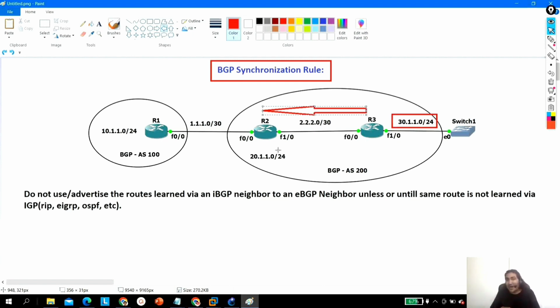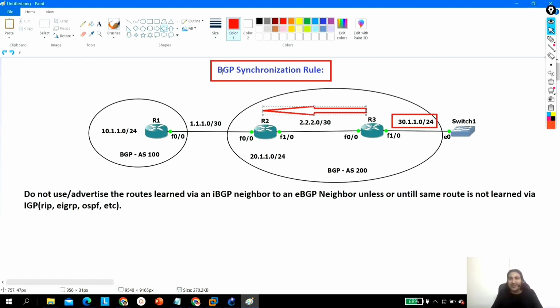If R2 is not receiving the same prefix from an IGP, meaning not through RIP, EIGRP, OSPF or any other IGP, then router 2 is receiving this prefix only through BGP, and the neighbor advertising this route is an IBGP neighbor.